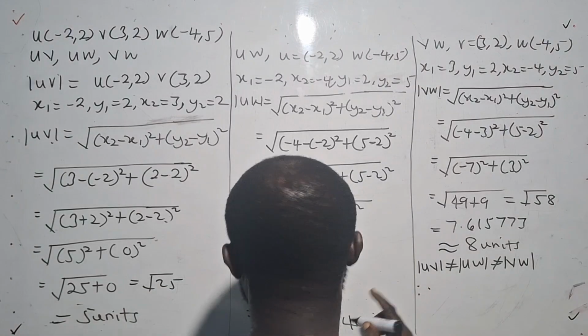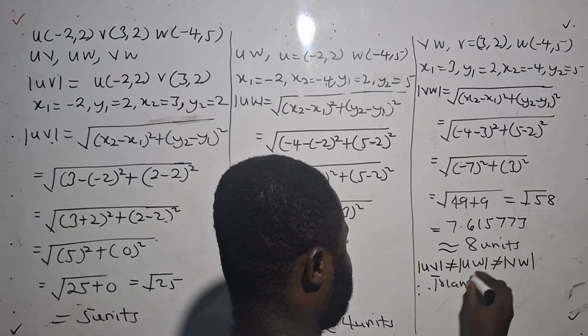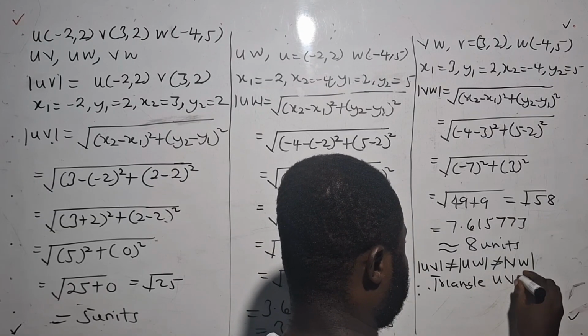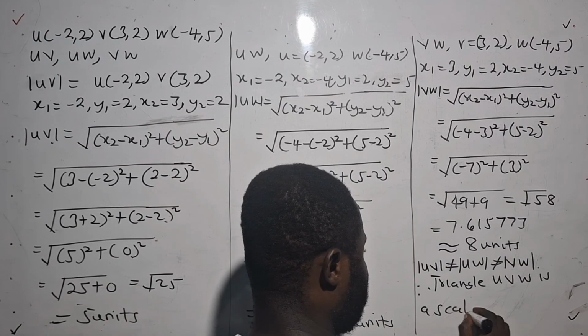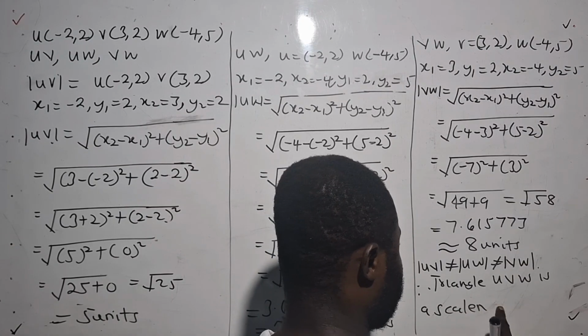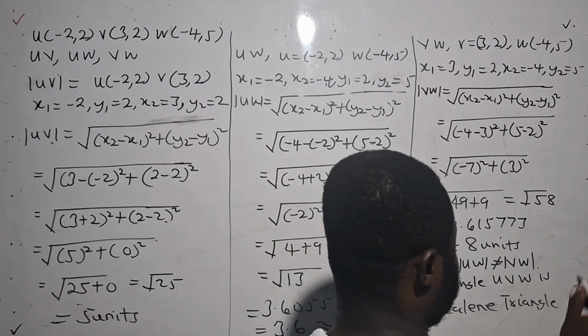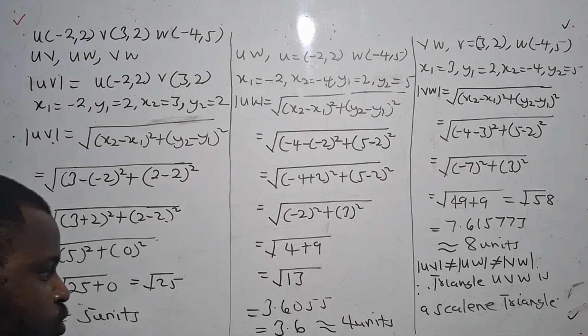So therefore, triangle UVW is a scalene triangle. Yes, you can conclude by saying it's a scalene triangle.